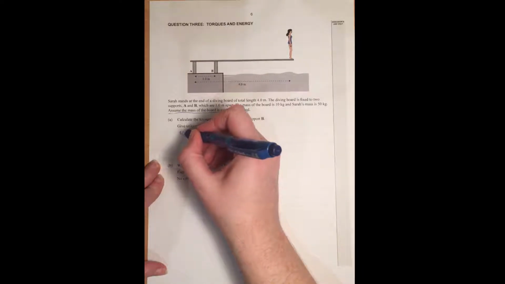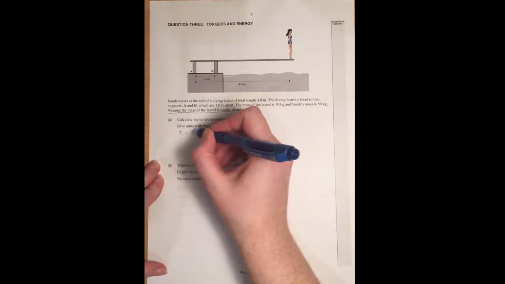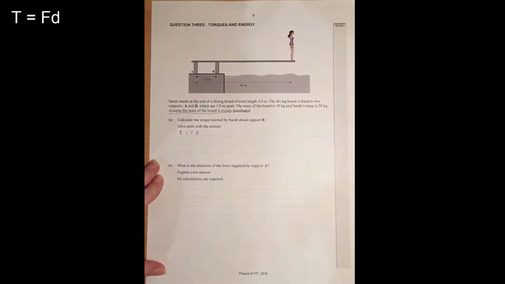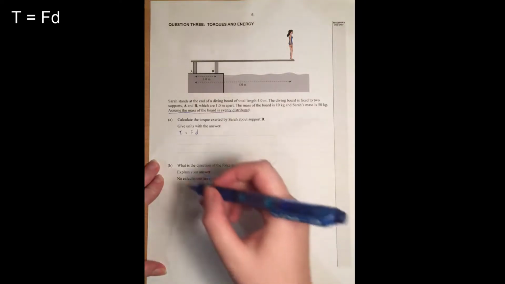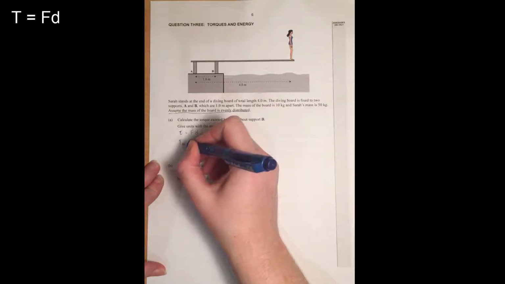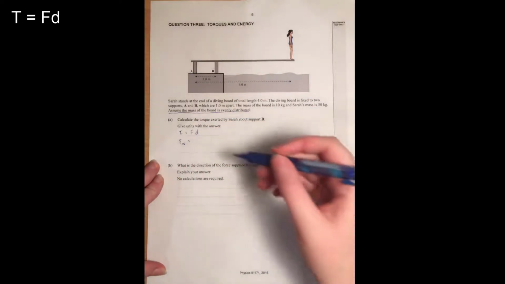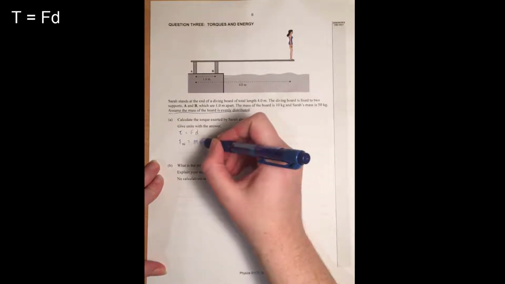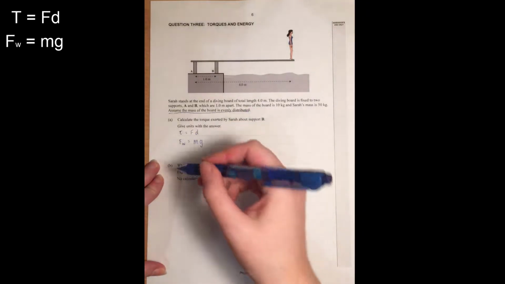Okay, so what do we need for a torque? We need a force and we need a distance. Torque is a turning force applied at a distance. So what is the force that we use? Well, we use the weight force of the object. In this case, the weight force is whatever mass we've got times gravity.